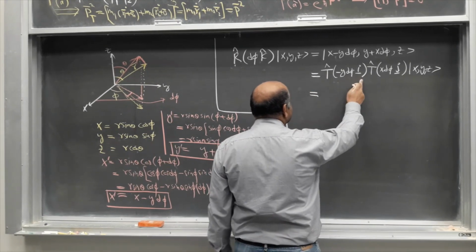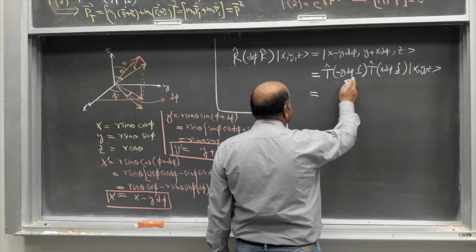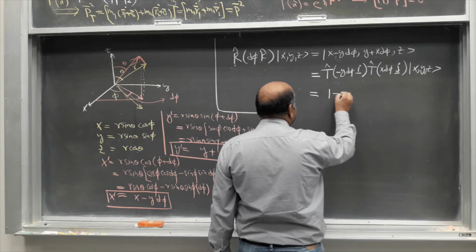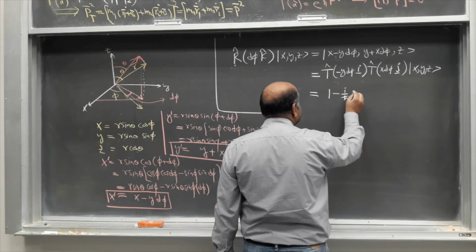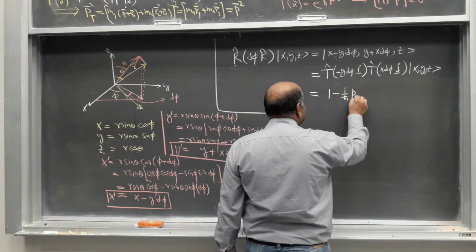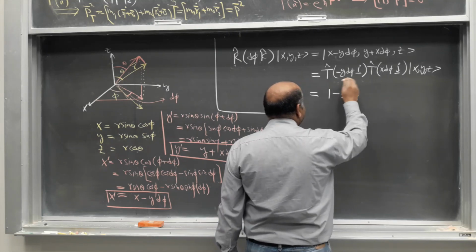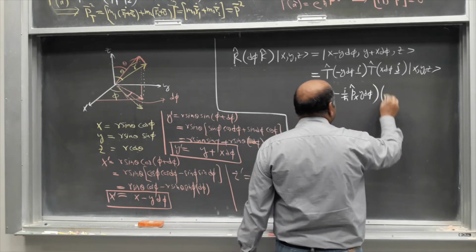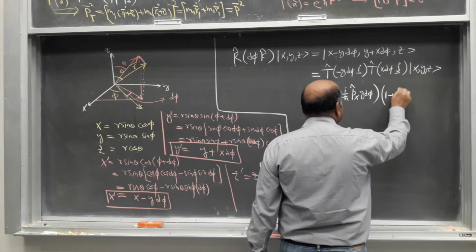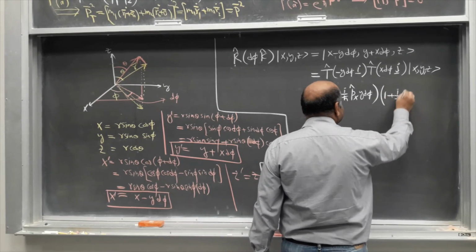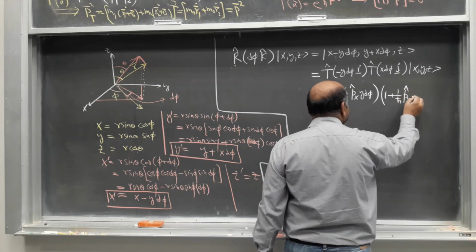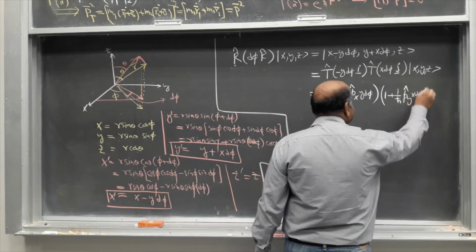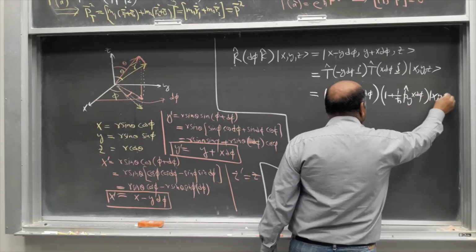In terms of linear momentum, this small translation can be generated by 1 minus i over h bar p x y d phi, and this by 1 plus i over h bar p y x d phi, acting on x, y, z.